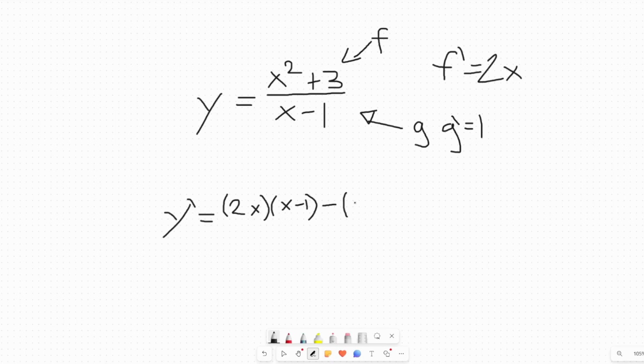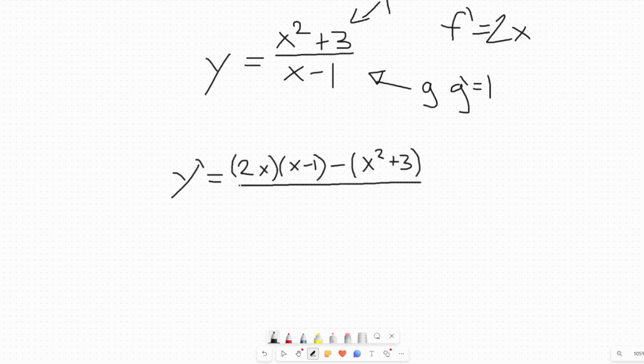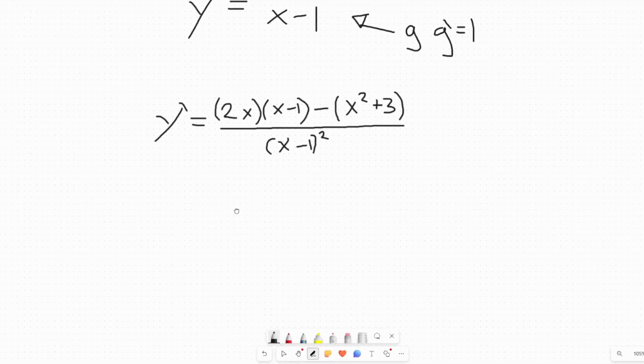And then you do x squared plus 3. There is the times 1 here, but you don't need to include it. And then all over x minus 1 squared. So if your teacher doesn't care if you simplify it or not, this is your answer.